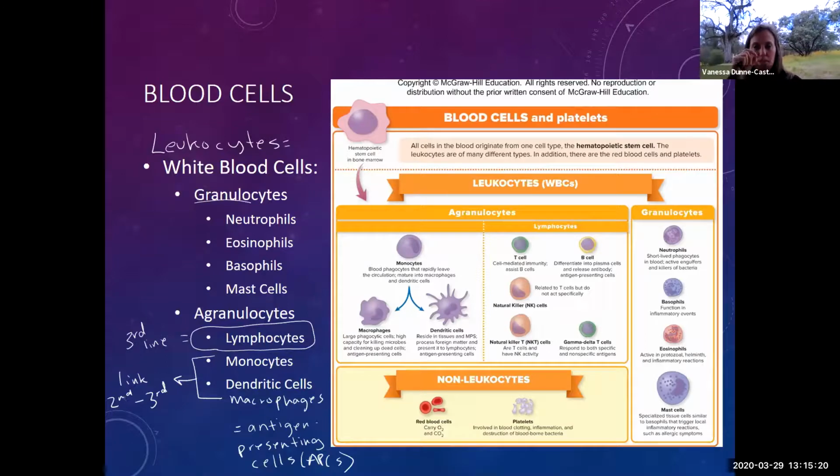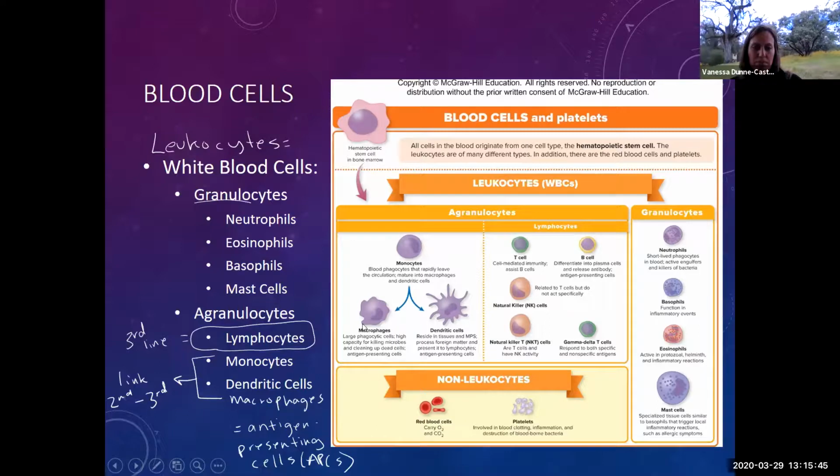Cytokines are the actual chemicals that are responsible for communicating a signal from one cell to another. So granulocytes are great at releasing these cytokines, and they go out and bind to different types of cells depending upon what the nature of that cytokine is, and communicate some type of message to the cells in our body. The agranulocytes, as mentioned, are the lymphocytes and these antigen-presenting cells.